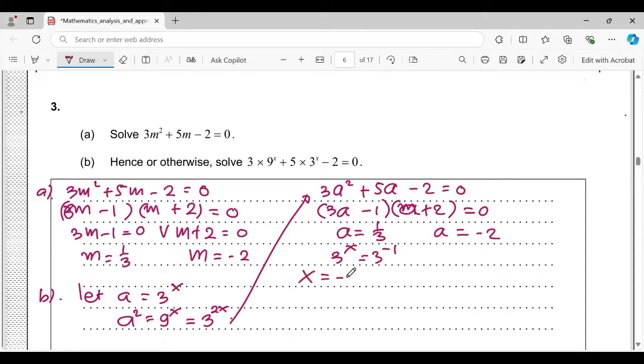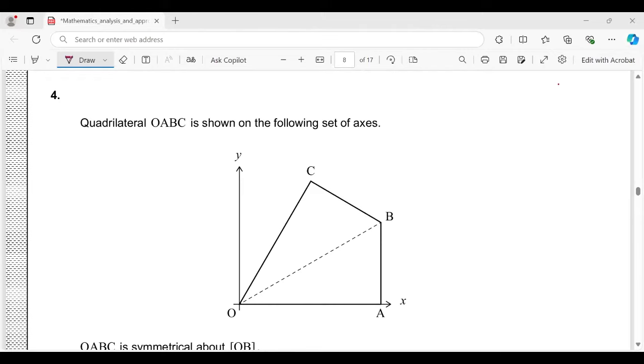So x equals minus 1. But for a equals minus 2, that is 3 power x equals minus 2. Convert in logarithm, it will be x equals log base 3 of minus 2. Yeah, that's the solution.